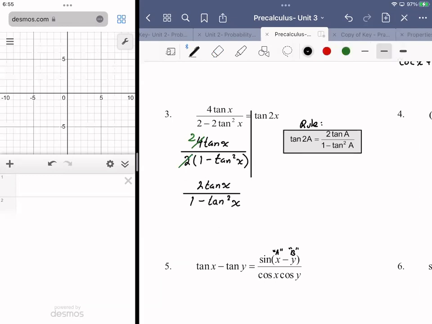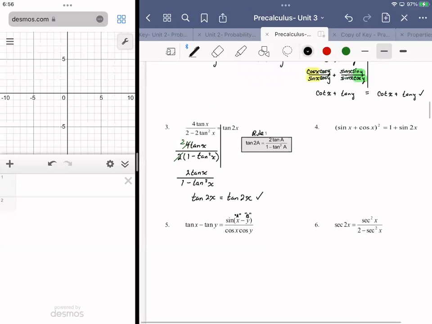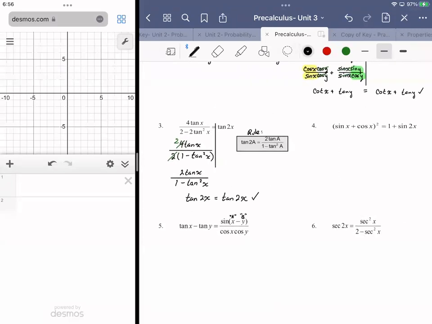So that must mean that this is equivalent to the tangent of 2x. So that one's pretty easy. Now, alternatively, you can make each tangent into a sine over cosine, but then there's a pretty heavy amount of algebra involved. So that part is kind of a dealer's choice, I guess.